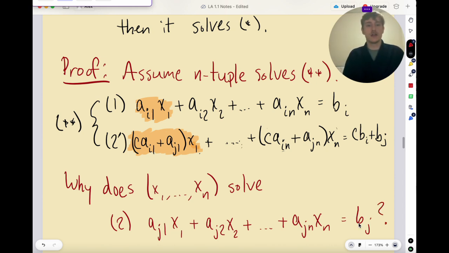Because clearly equation 1 in both star and double star were the same. So the only thing I have to worry about is why, if it solves 2 prime, why does it solve 2?